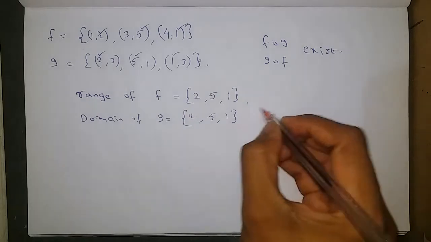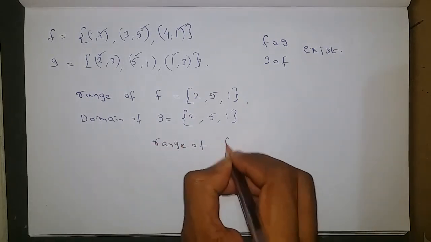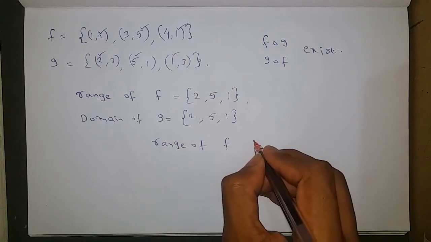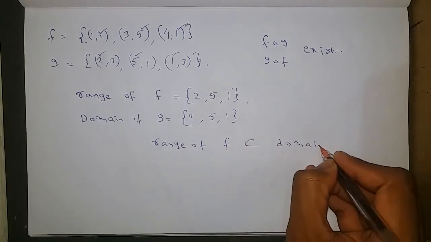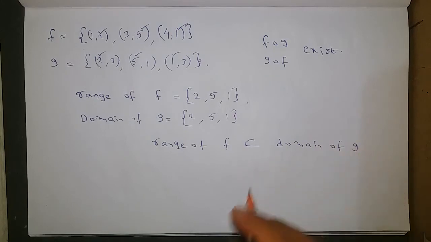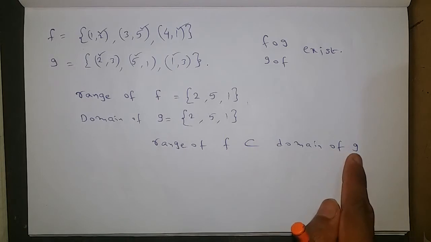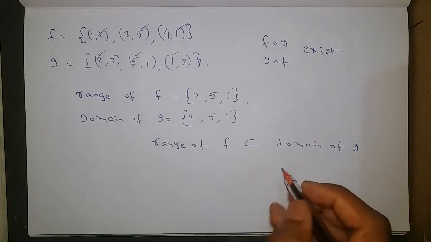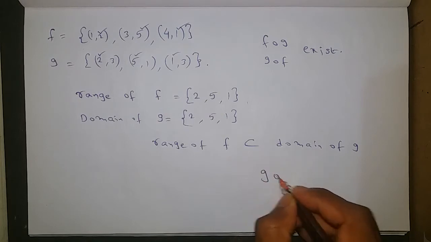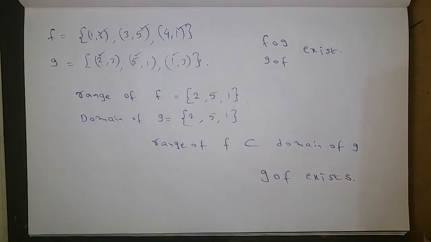So if range of f is a subset of domain of g, f's range is the subset of g's domain, then we can say g of f exists.